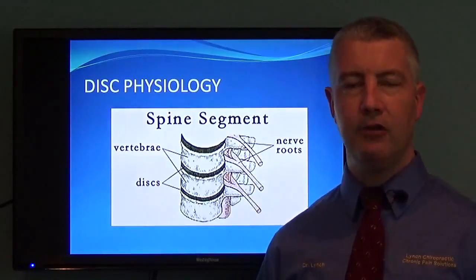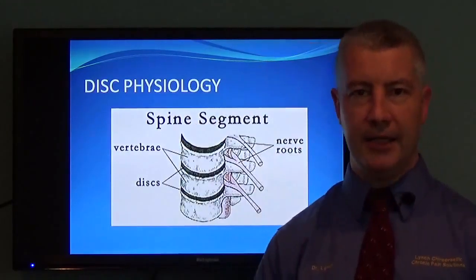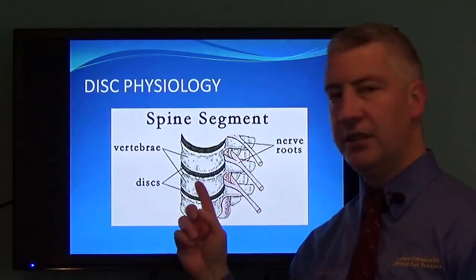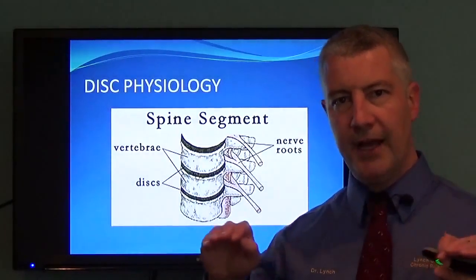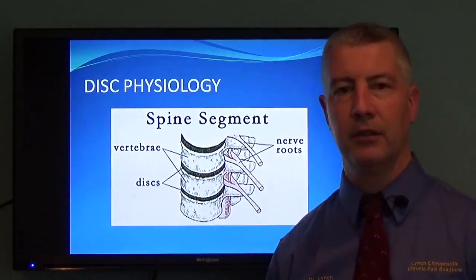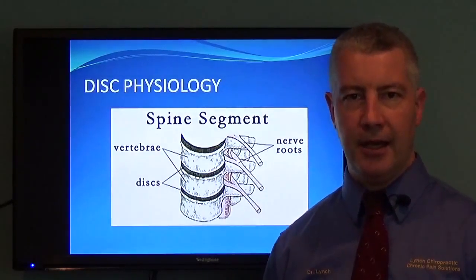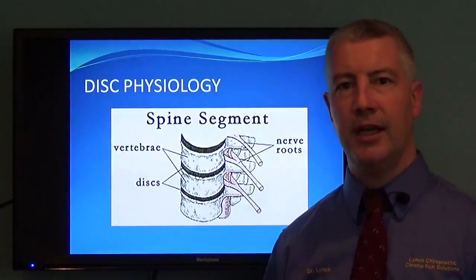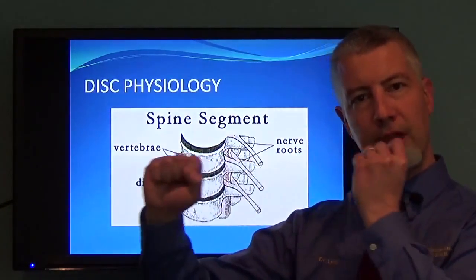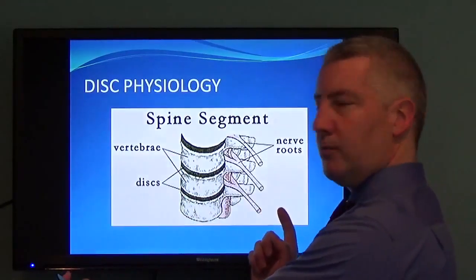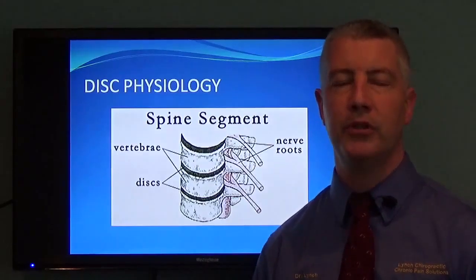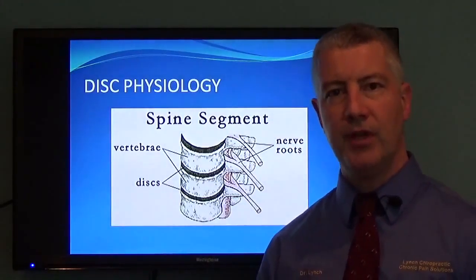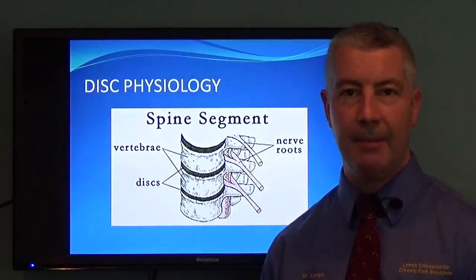As you go through the day, gravity presses down on our bodies, and it presses down on these disc spaces, and the metabolites inside the disc move out into the capsule around it. And then when you lay down at night, the weight of the head and shoulders and the legs and hips pull that spine apart, and those metabolites go back into that disc space, and once again you're at your tallest. So that's normally what should happen.